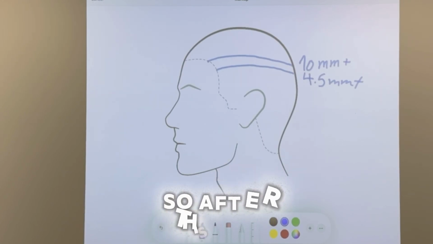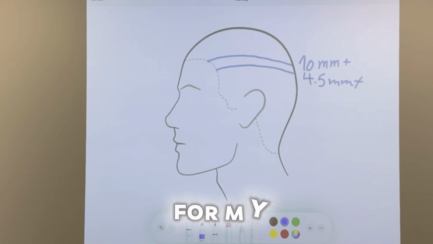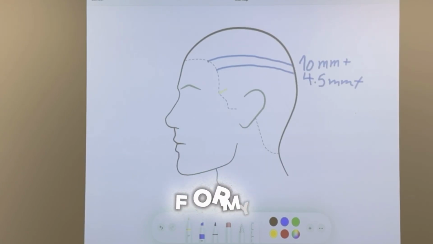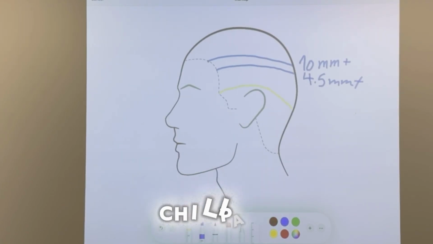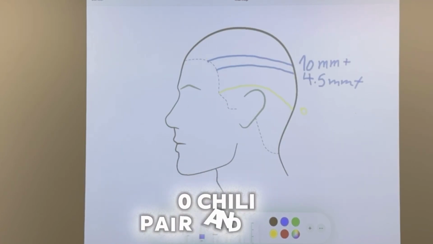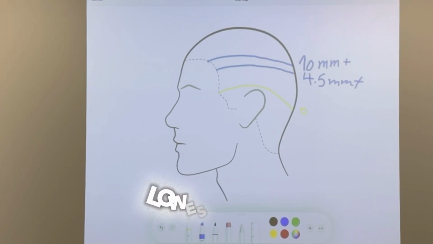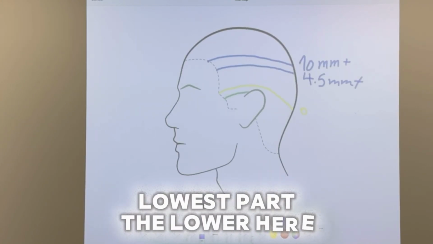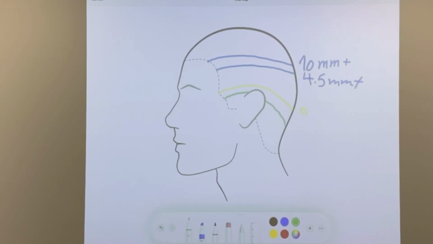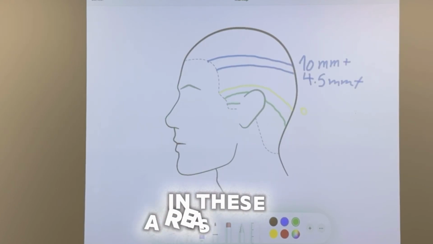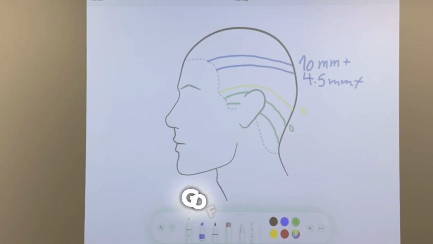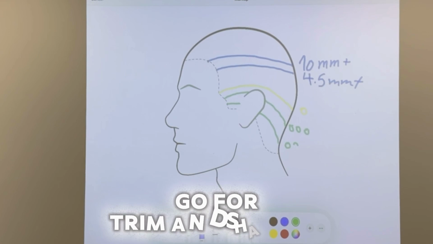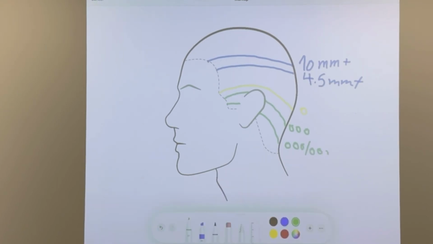So after this I go for my zero with the clipper, zero clipper, and the lowest part, the lower here, and these areas I also go for trimmer and shaver.